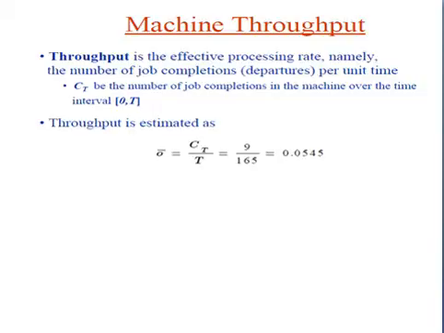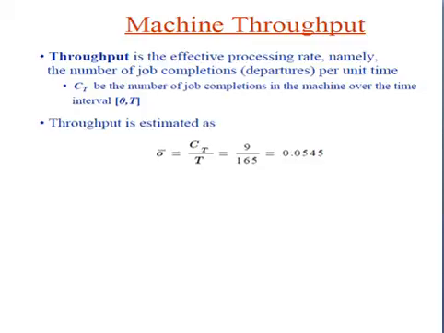And if we look at the diagram, 9 units were completed. So the throughput is a measure of effective processing rate, and you can say that it is the expected number of jobs completed divided by total time.